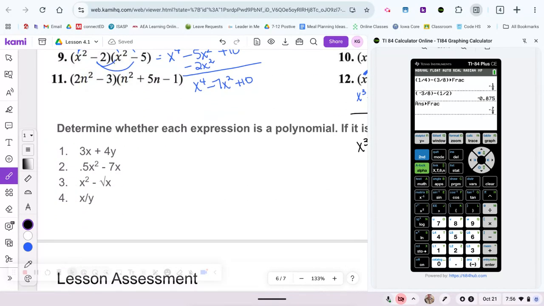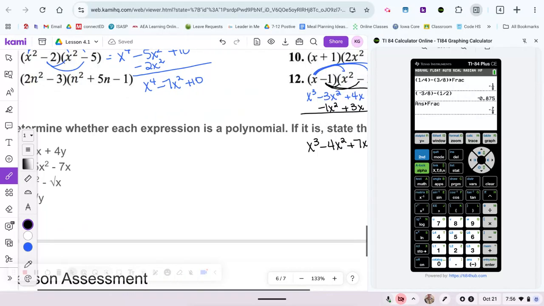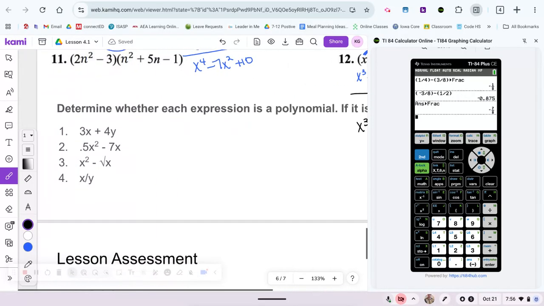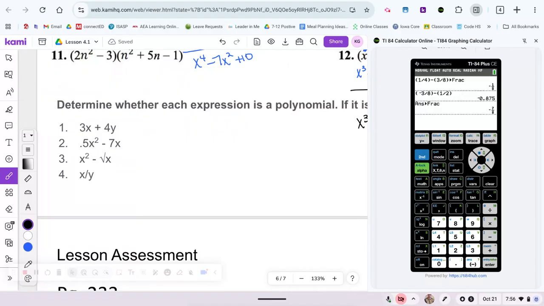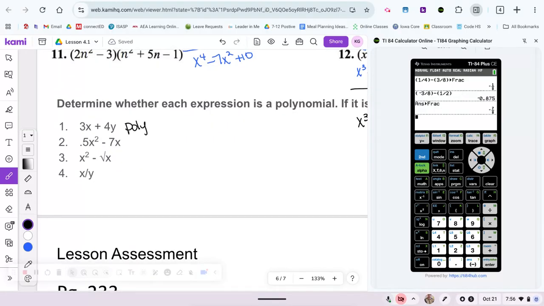On these last terms, it says determine whether each expression is a polynomial. If it is, state its degree. So the first one here is 3x plus 4y. This is a polynomial. It's a multivariable polynomial, so we go with the degree is the highest sum of the two highest exponents. So this would be degree 2.